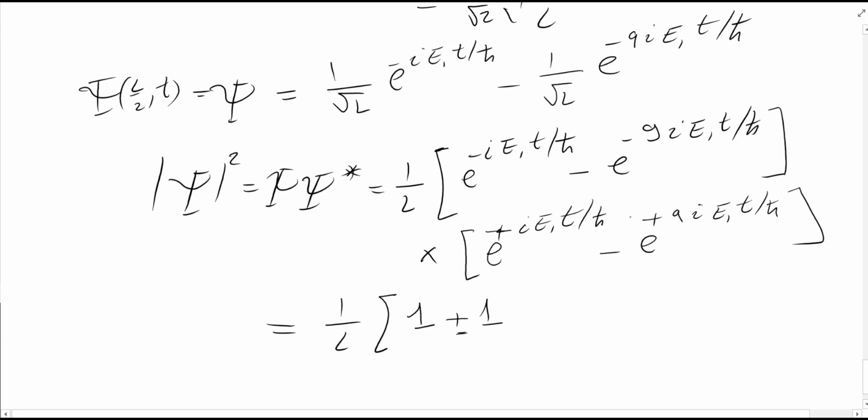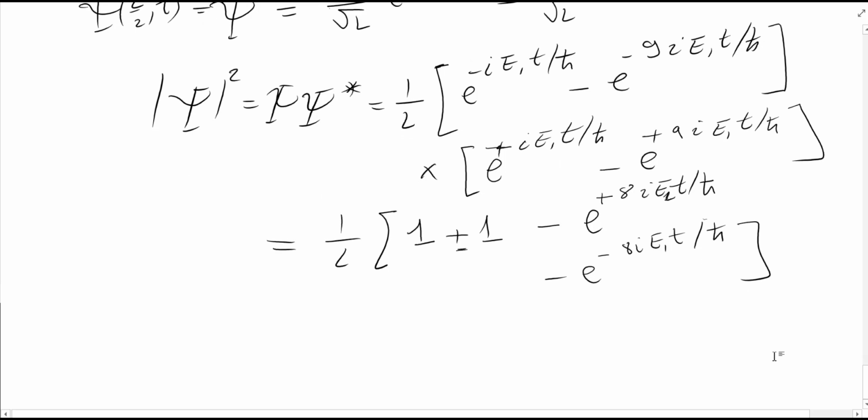Now, I'm left with this number in here, which is negative exponential of positive 8i E1 t over h bar. And then I have on this side too, negative exponential of negative 8i E1 t over h bar.